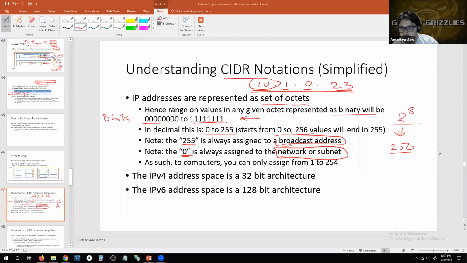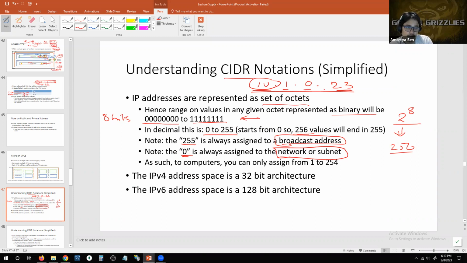Okay. So as we were discussing, the 255 is always associated to the broadcast address. That is, if you want to broadcast any kind of information from your VPC, you have to use the 255 part of it. And the 0 part is assigned to the network itself. You cannot take the 0 part of the IP address.